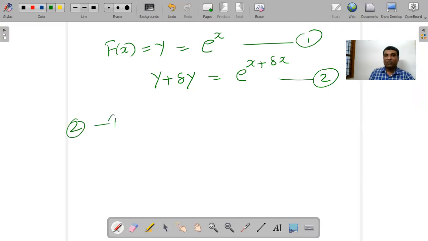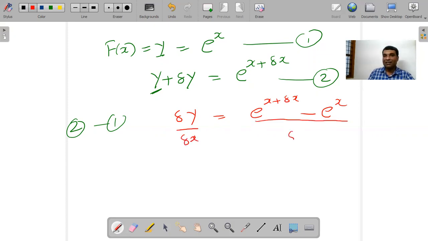Now 2 minus 1. What is 2 minus 1? y and y get cancelled. So delta y is equal to e raised to x plus delta x minus e raised to x. Now divide by delta x. Here also divide by delta x.